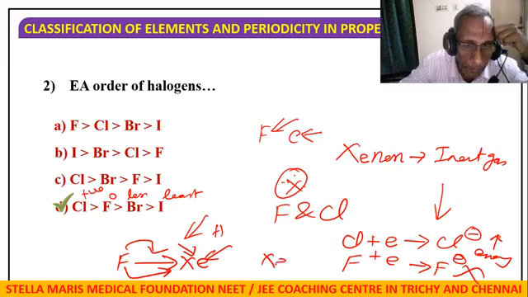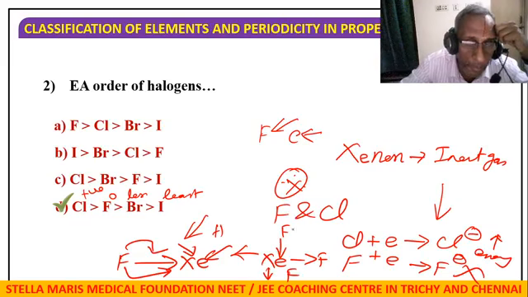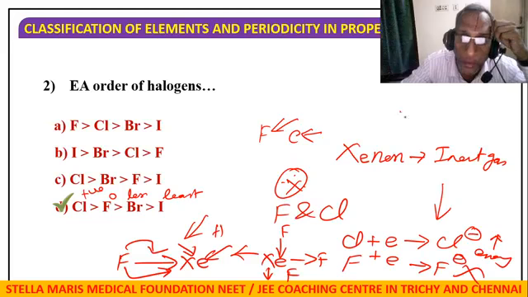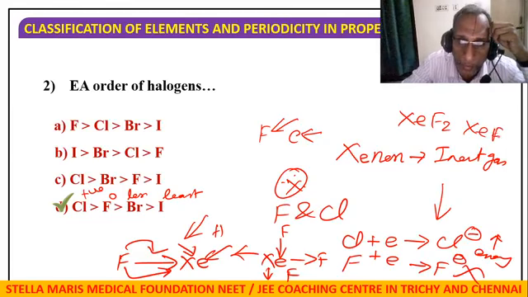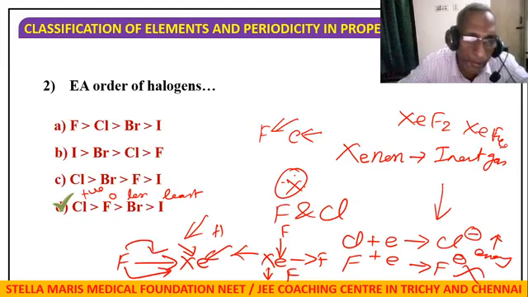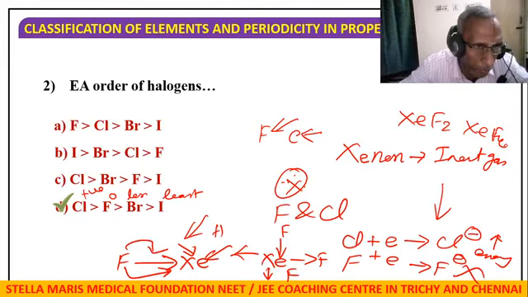Xenon will be forced to lose an electron, 4 electrons, in the presence of 4 fluorine. You will study this. So there is a compound xenon fluoride, difluoride, tetrafluoride, like that. So fluorine will attack any species.